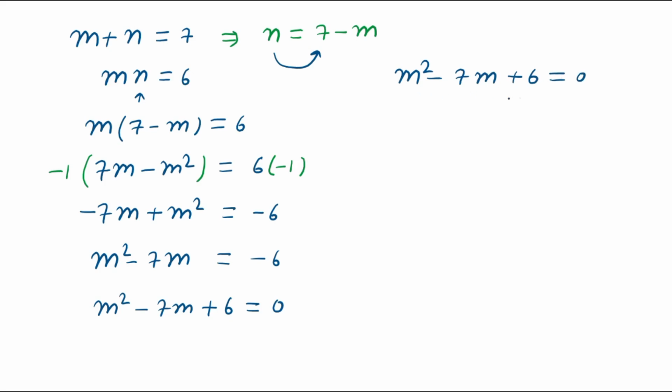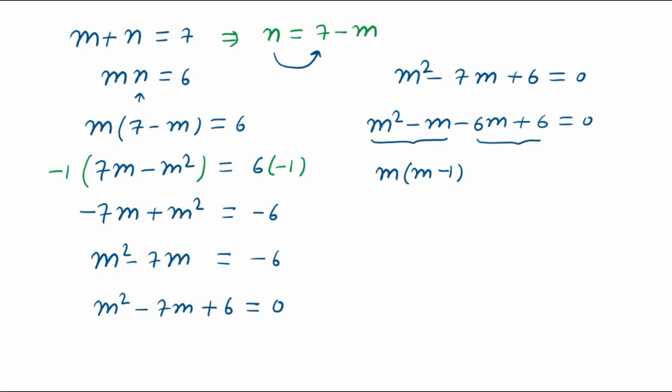Look carefully, this expression is factorizable. So we write m² and -7m as -m - 6m, plus 6, equal to 0. Look at the first two terms. If we take m common, then m² divided by m gives m, and -m divided by m gives -1. Look at the last two terms.